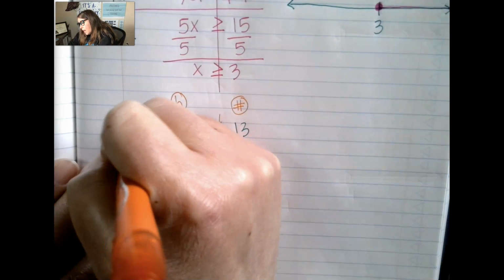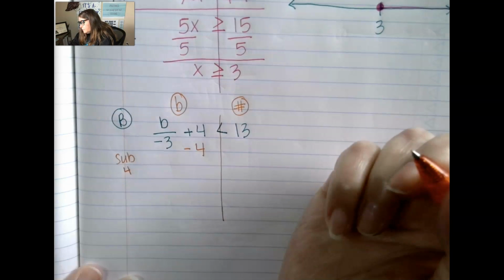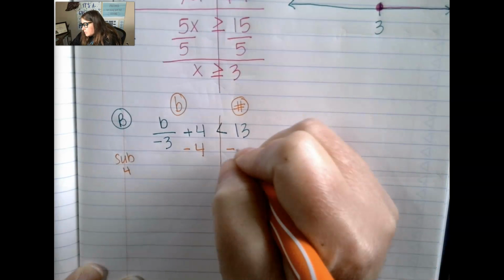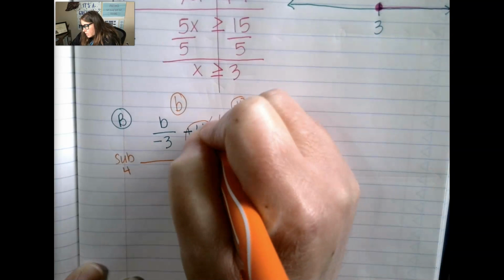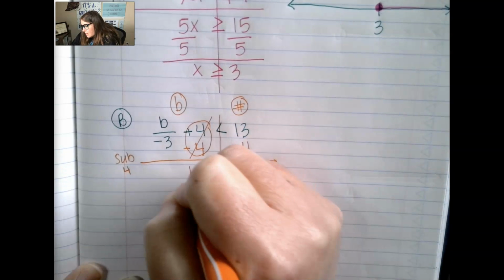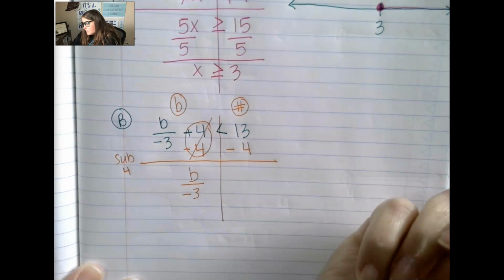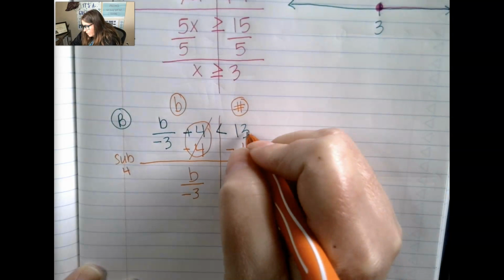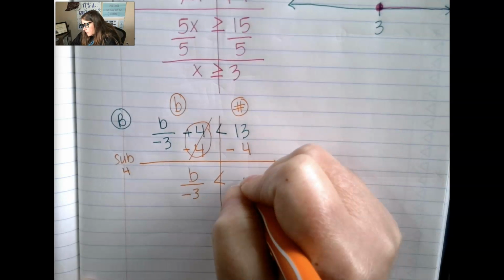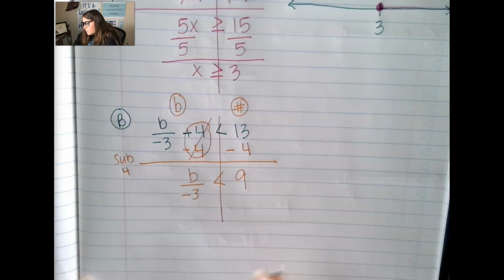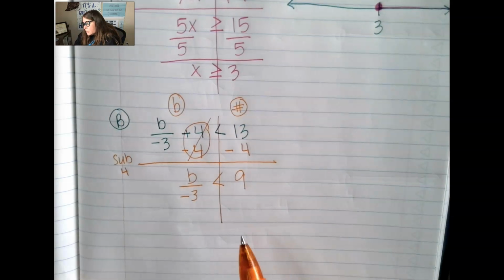We subtract 4 from both sides. The 4 goes away, which leaves b divided by -3. Then we have 13 minus 4, and that is 9. So now we're ready to do step number 2.